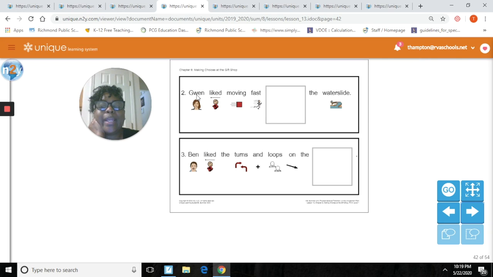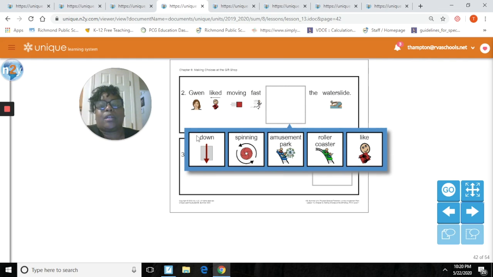Number 2 says Gwen liked moving fast. Blank the water slides. Let's see what our choices are. Down, spinning, amusement park, roller coaster, like. Make a choice.